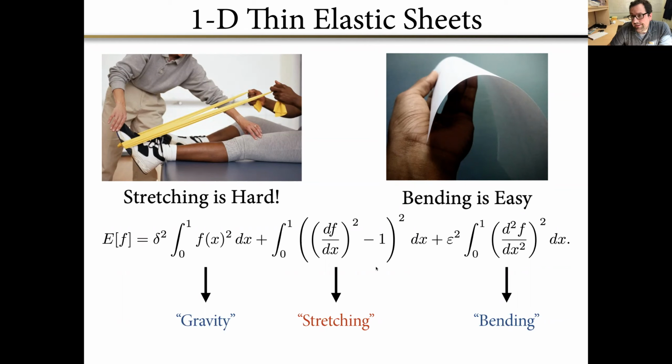And it's not easy to solve because bending being easy means you're going to have a small parameter epsilon. And if gravity is also weak, you have another small parameter, delta. So if you look at the Euler-Lagrange equations for the system, you're going to get a singular perturbation problem with two small scales. Those are really tricky to analyze.